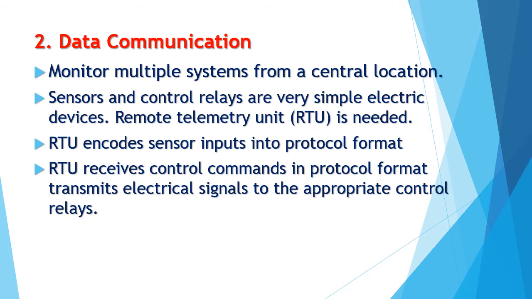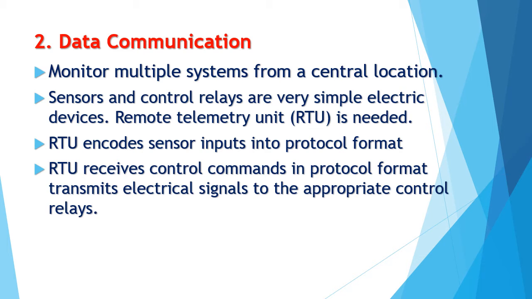In real life, you want to be able to monitor multiple systems from a center location. Sensors and control relays are very simple electric devices that can't generate or interpret protocol communication on their own. Therefore, the remote telemetry unit, or RTU, is needed to provide an interface between the sensors and the SCADA network.